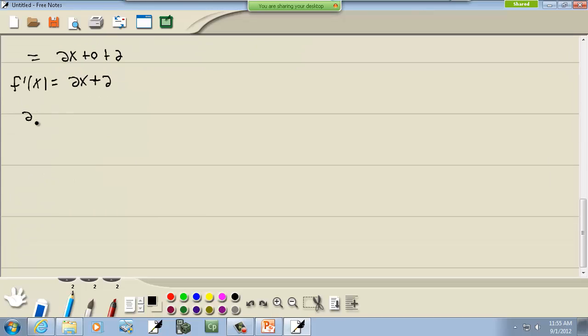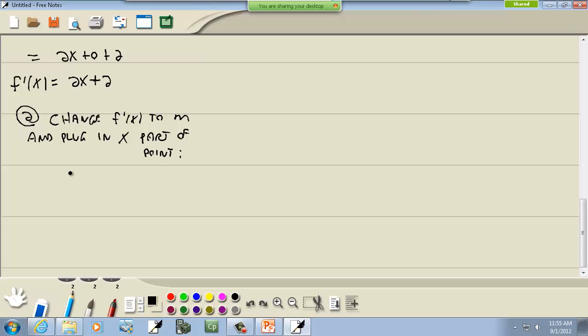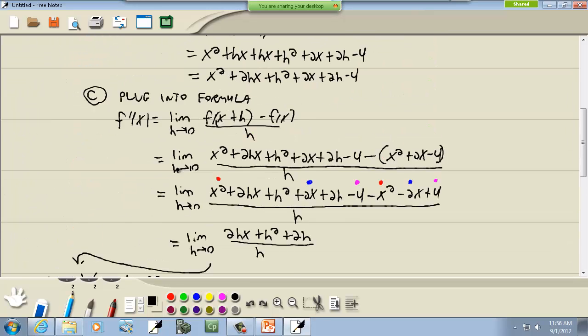Step 2, change f prime of x to m and plug in the x part of our point. So the f prime of x changes to m, and I'm going to take where my x was and put in parentheses, and let's go up and see what our x part of our point was.